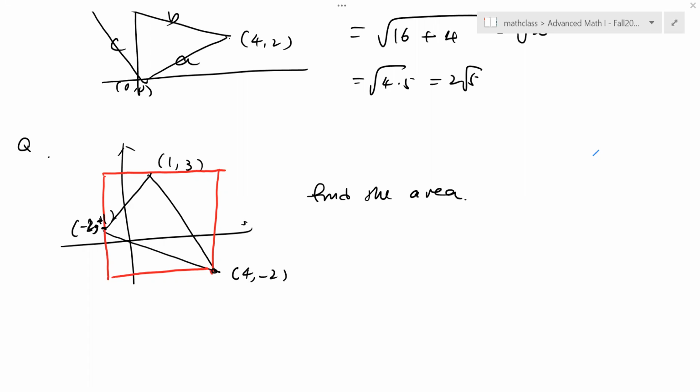So William says 13. Anyone has different answers? Somebody gave me 9. Nelson, you got different answers. Okay, you got different ideas.